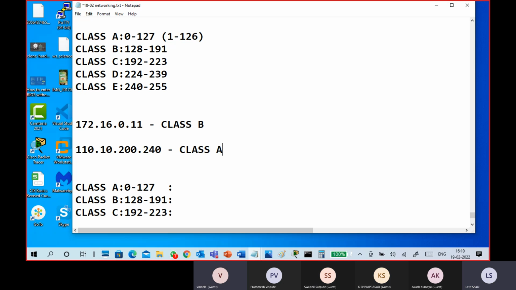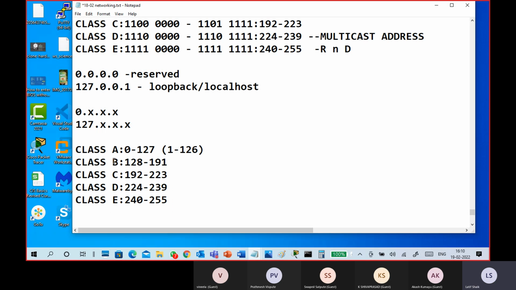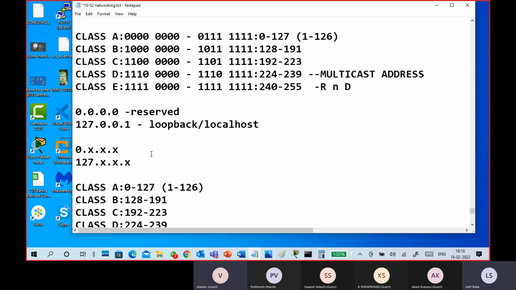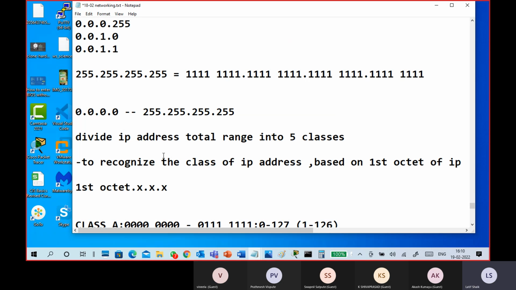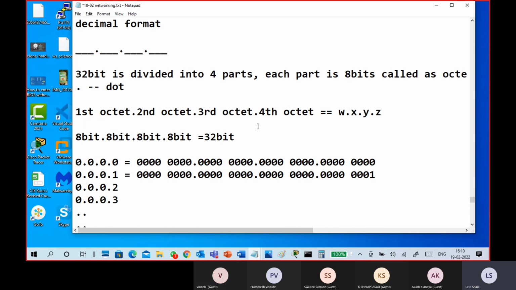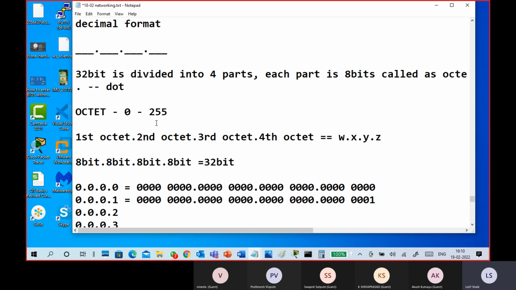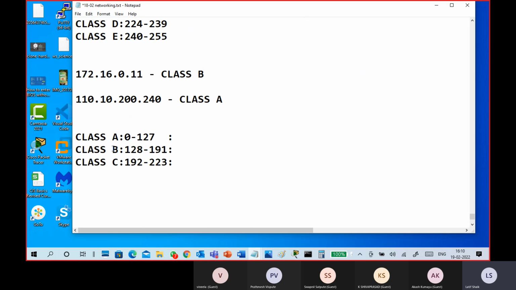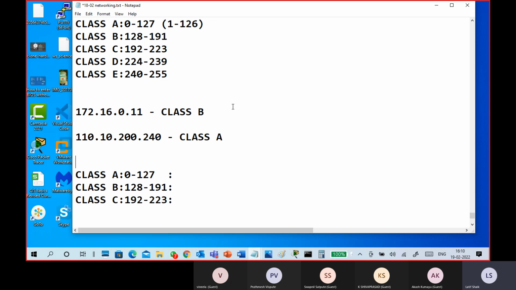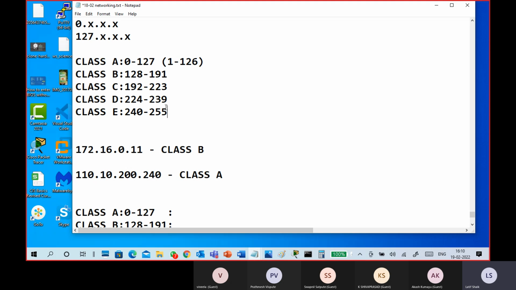Class A, because you have to look at only the first octet. Each octet's maximum range is 255, from 0, 1, 2, 3 up to 255 only, not more. Based on the first octet, we can recognize which class it is.